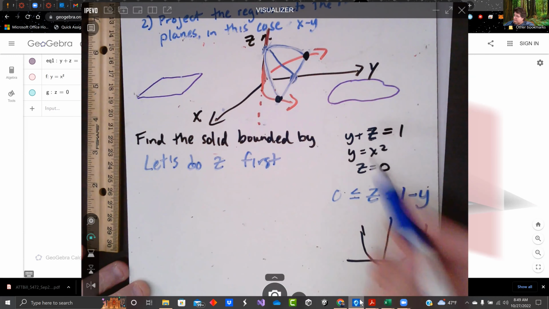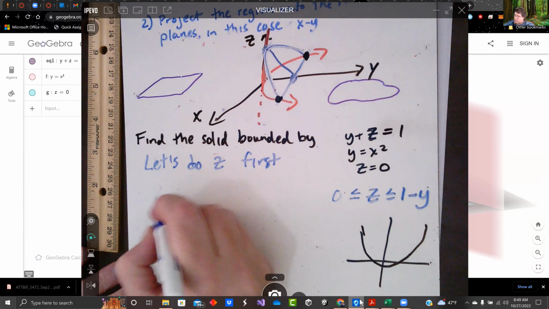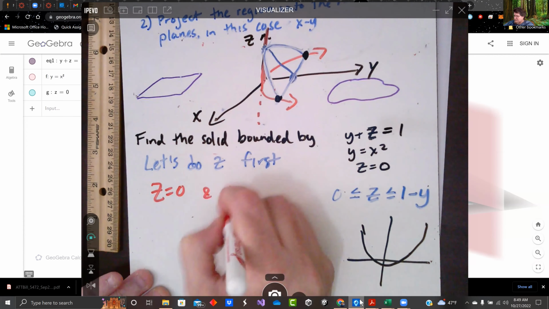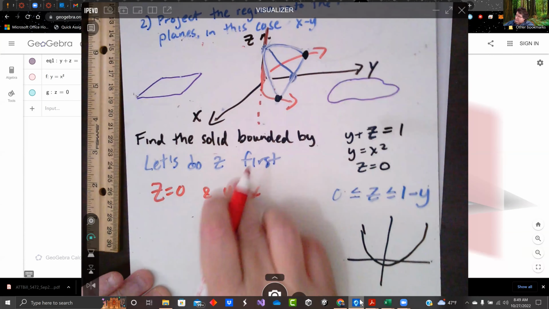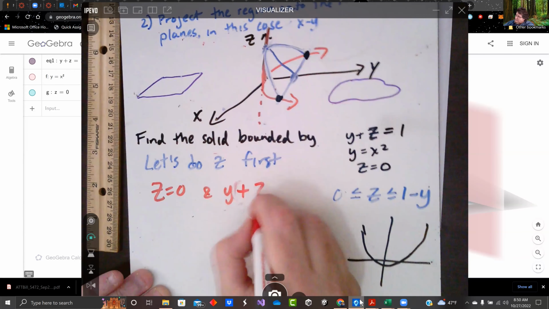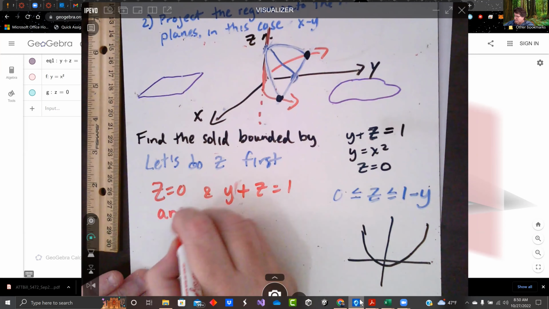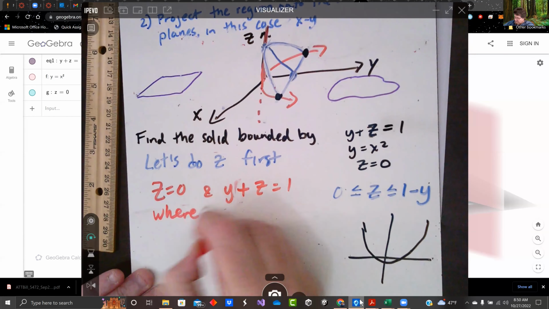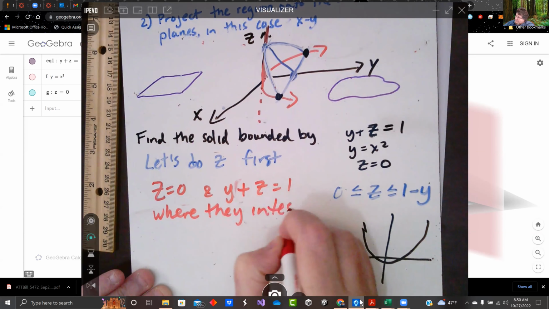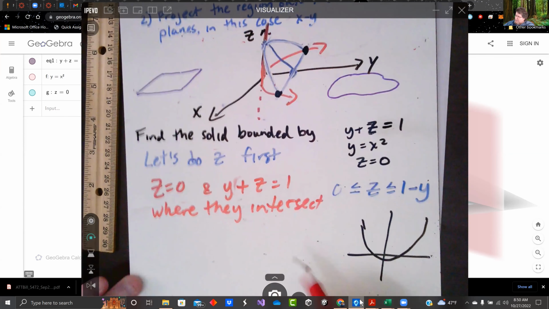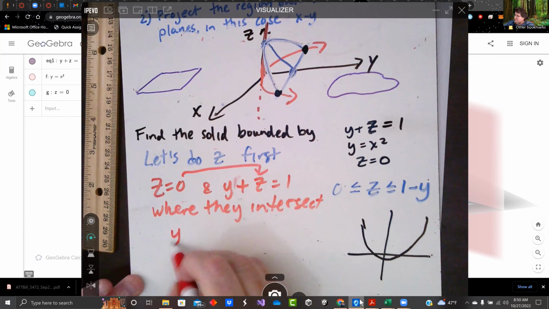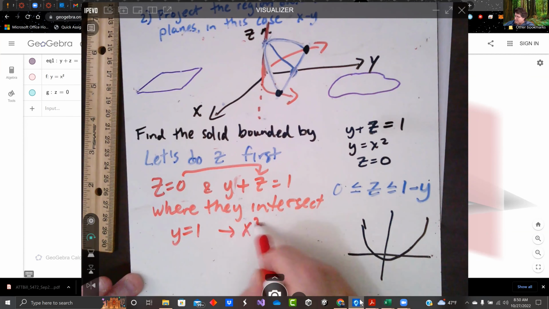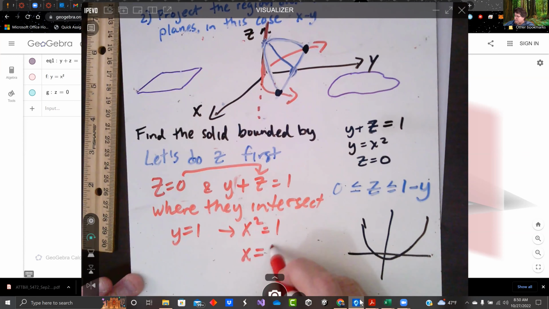When z equals 0, y plus z equals 1 gives the intersections. And clearly we just plug in the 0 and we see y equals 1. And if y equals 1, we've got x squared equals 1. So x equals plus or minus 1.